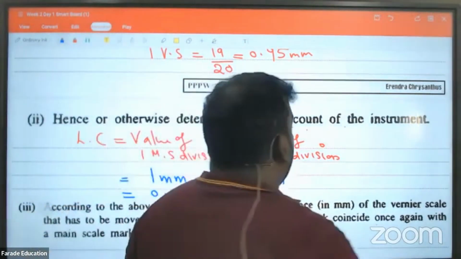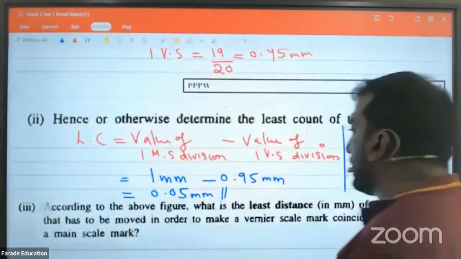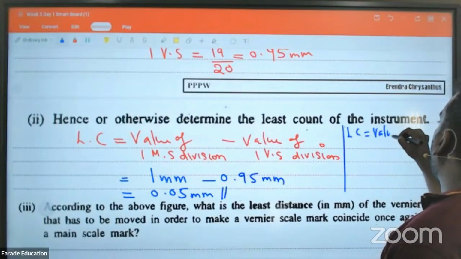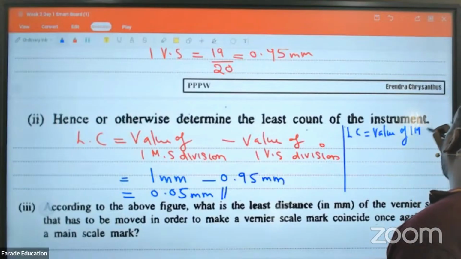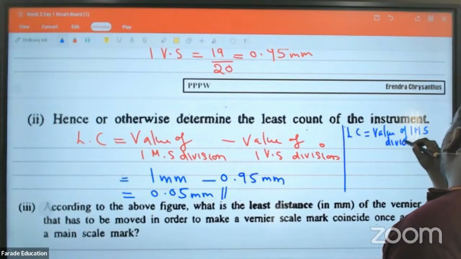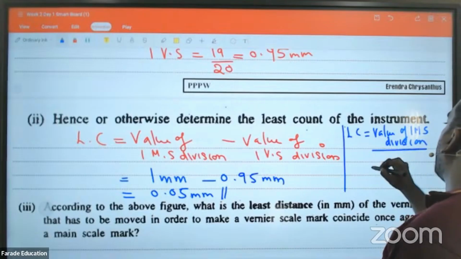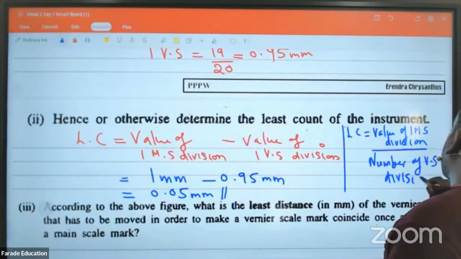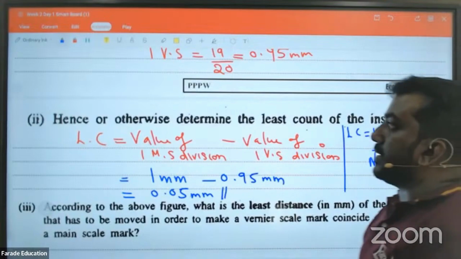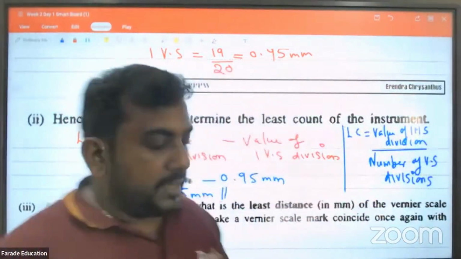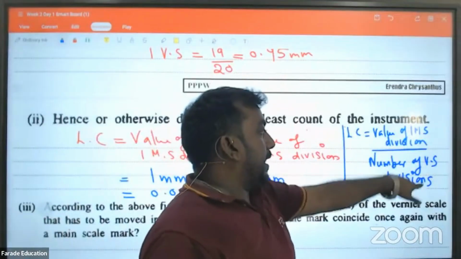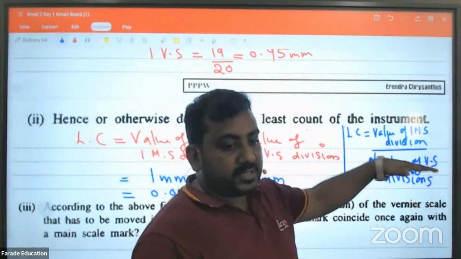Is there another way to find the least count? Yes, there's a shortcut. Least count is the value of one main scale division divided by the number of vernier scale divisions.